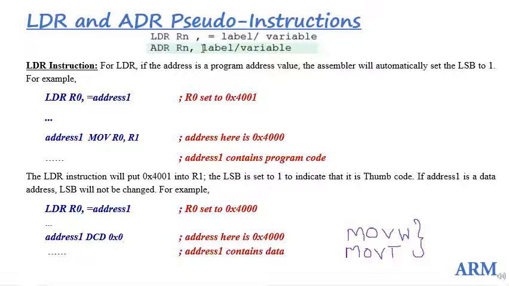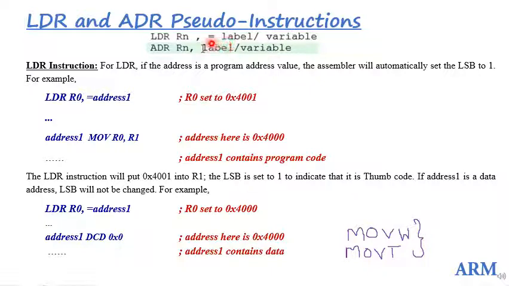So we required a couple of these two instructions to move 32-bit data into a register. Now we can overcome this using the pseudo instruction LDR. The syntax is LDR Rn, equal to label. LDR Rn, this is the mnemonic, and Rn is the destination register. Here the syntax will change a little bit.